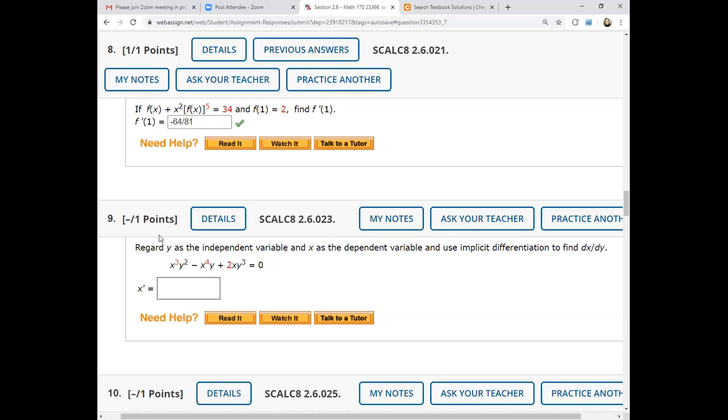That's kind of what this is, except it's reversed. The derivative of y with respect to y is 1. So when the bottom letter of the derivative matches the function, it's 1.